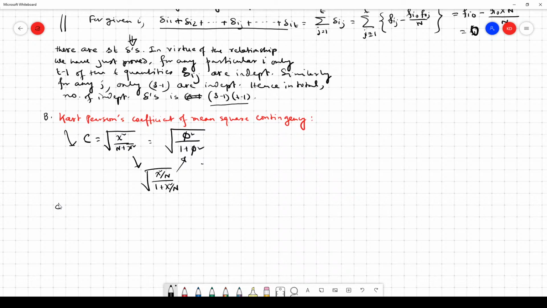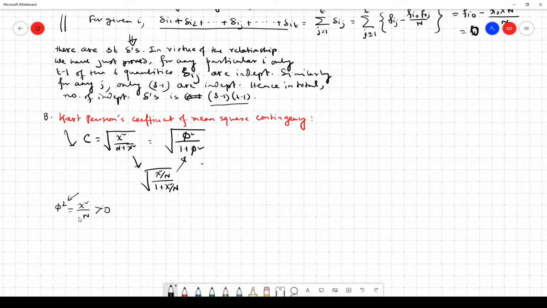If you look at phi square, which is chi square by n, even as n tends to infinity it should tend to 0, but still the upper bound of this phi square is undefined.